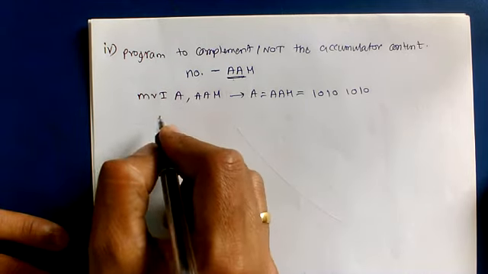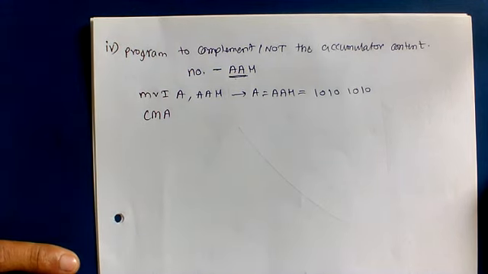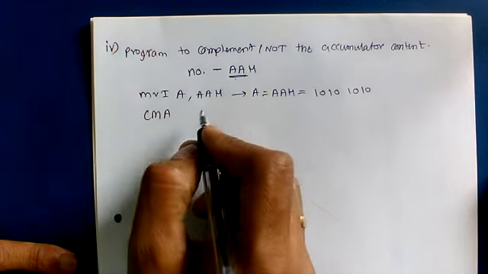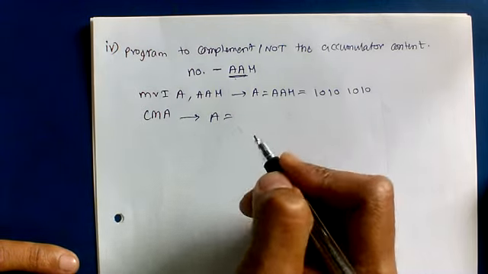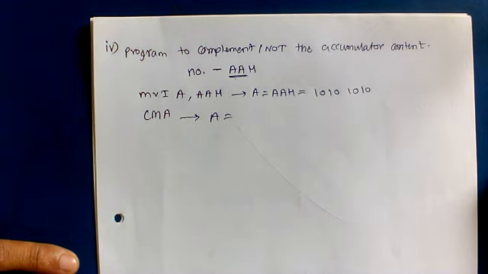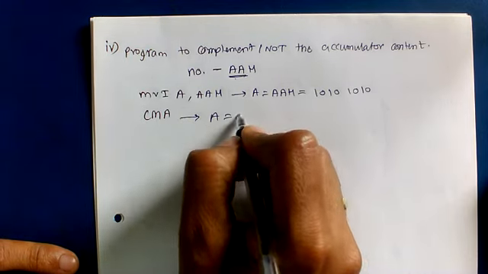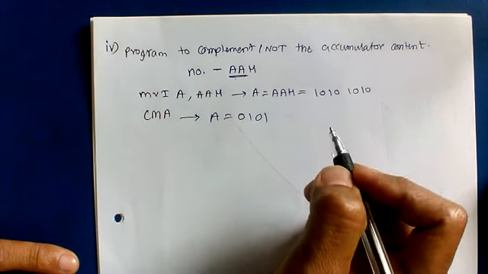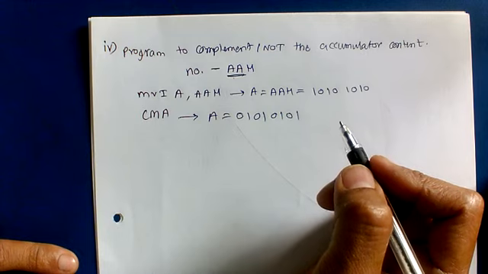Then I will use CMA instruction. CMA, complement accumulator content. So after the execution of this CMA instruction in accumulator, you will get 0101 and 0101.